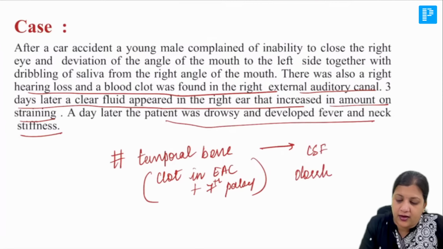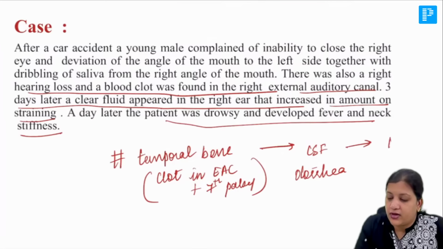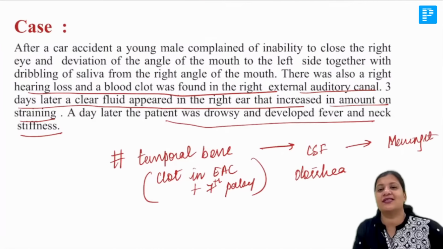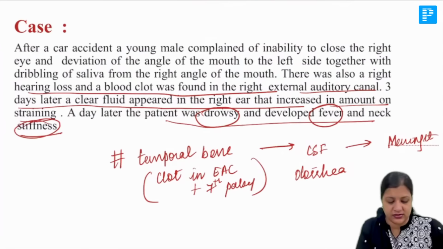CSF otorrhea. And when there is a CSF otorrhea that is not treated well, can it progress to meningitis, which is given by fever and neck stiffness? So this patient had temporal bone fracture followed by CSF otorrhea, and now the patient was not treated, so the patient became drowsy, had fever and neck stiffness.